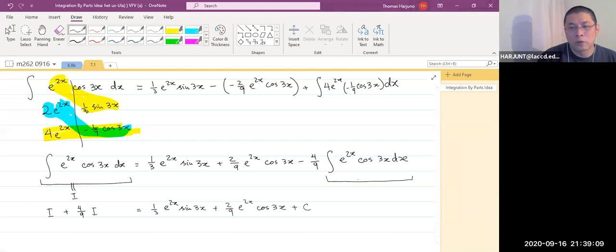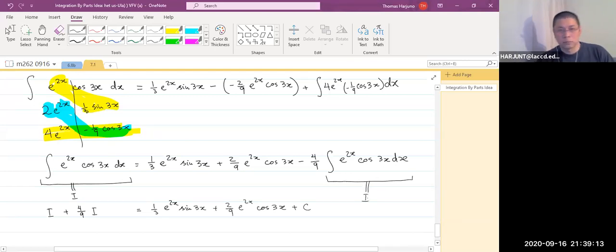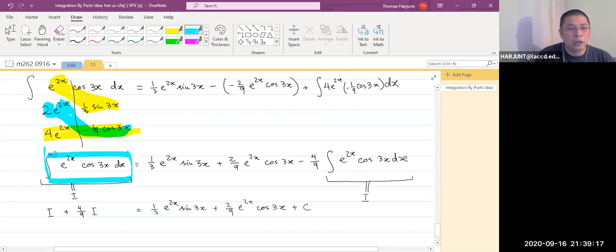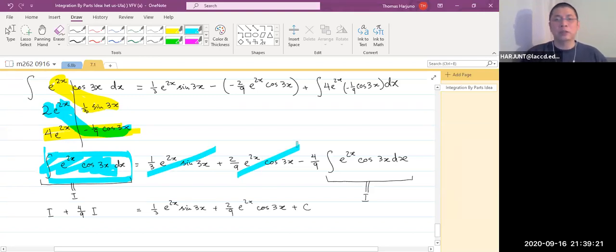Now, can you follow me so far? Basically, my original integration is equal to something plus a coefficient of the same original integral.